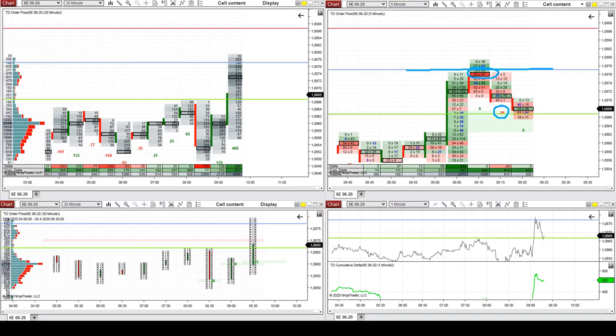It seems sort of balanced. Seems like buyers are jumping in here. Delta turning slightly positive.